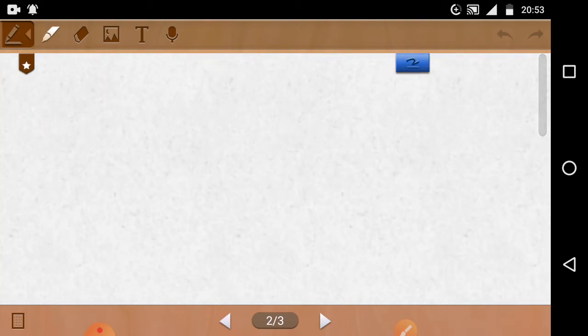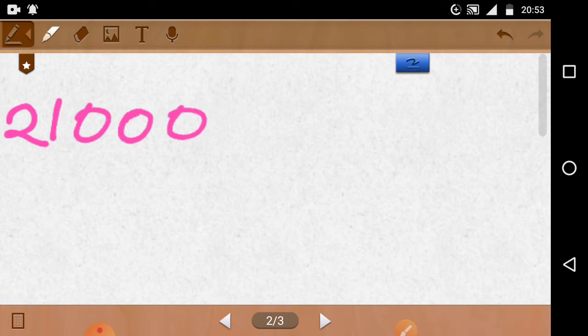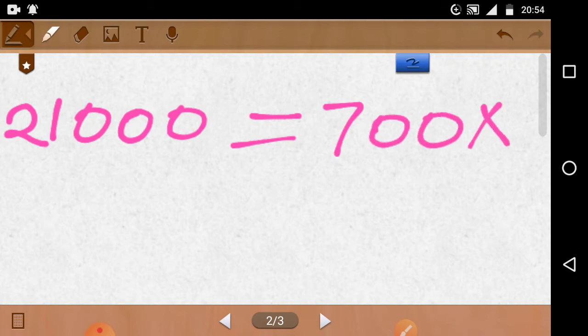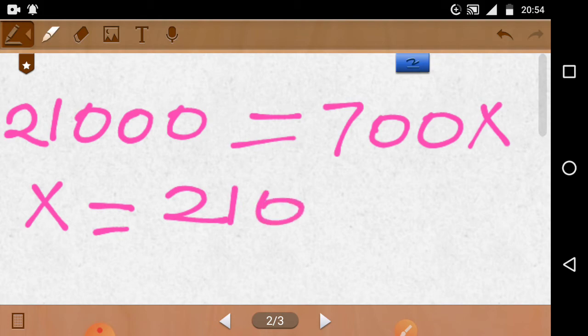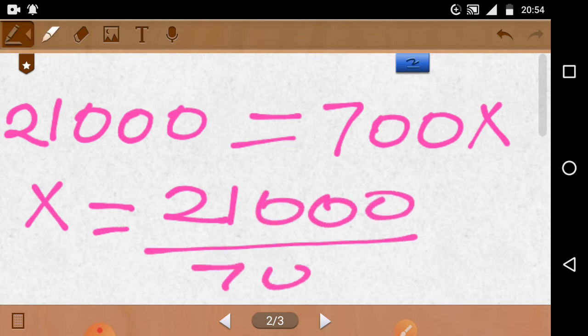Okay, now we have 11,000 plus 10,000 will give us 21,000, which will be equivalent to 700X. Okay, now let us find the value of X. Now X will be 21,000 divided by 700.